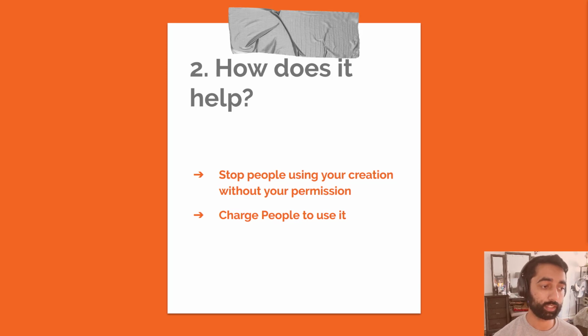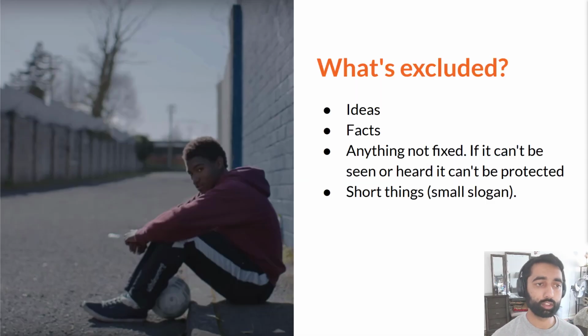All right, and that's the next thing. You can charge people to use it. Okay, so once you have your thing copyrighted, you can basically charge a fee to the person using it. Okay, so that's when you actually start to make money. Okay, so those are basically the two really basic ideas of how copyright can help you.